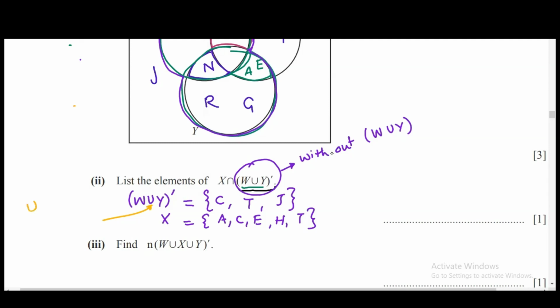Union, U for union here. Union means common and uncommon elements of W and U. So first select the common elements.